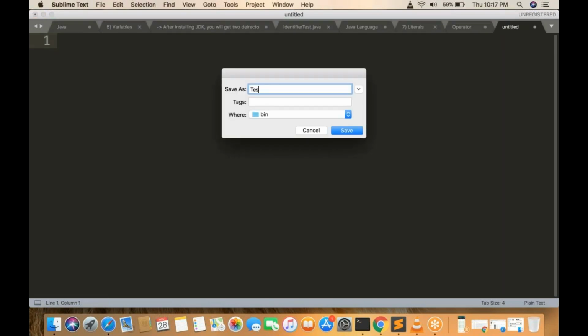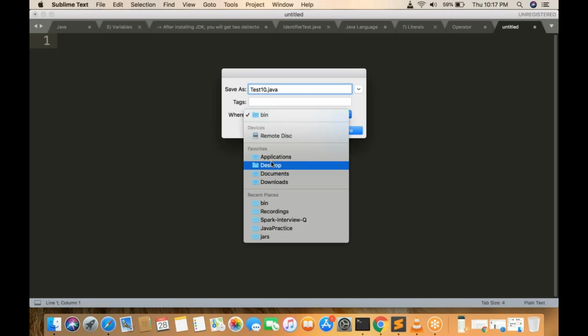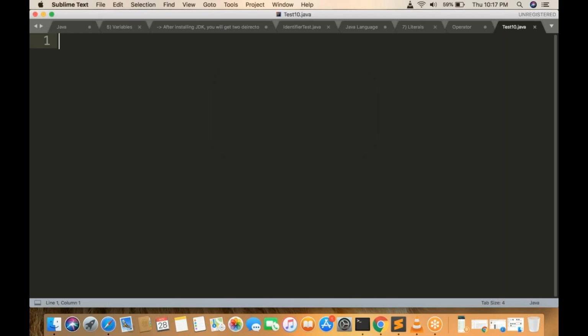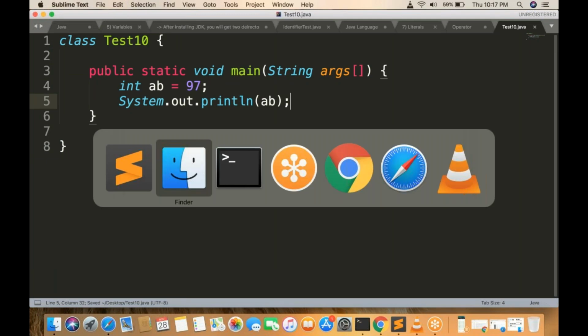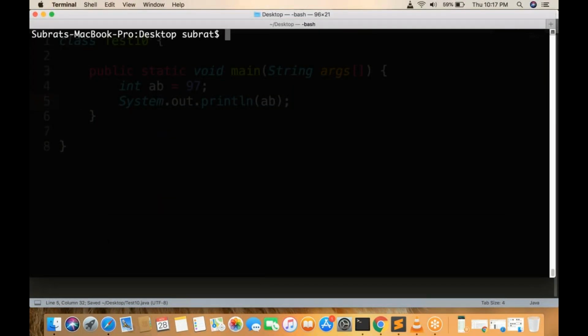I will take the file name as test10.java. Instead of bin, I want to save on desktop. Save class test10. Fine, so we will try to compile it. test10.java. Okay, compiled.